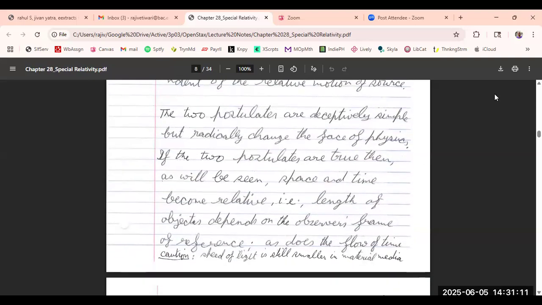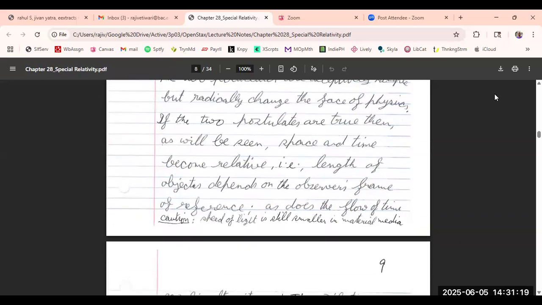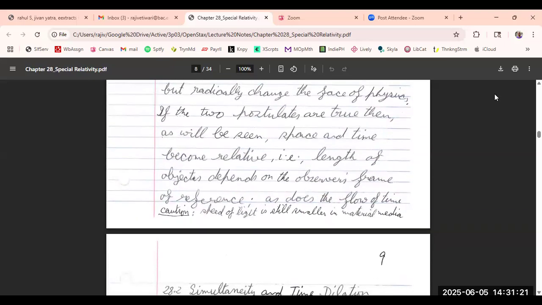Now, these two postulates are deceptively simple, but they radically change the face of physics. And we'll see how, if the two postulates are correct, then our classical idea of space and time becomes fundamentally altered. Both space and time become relative.